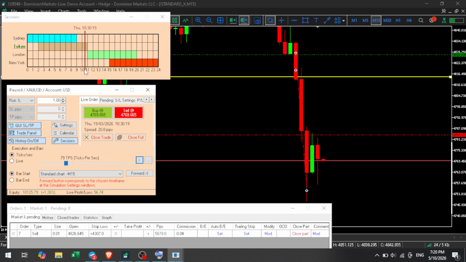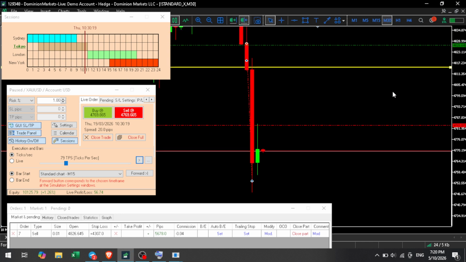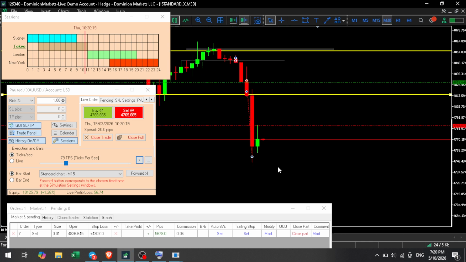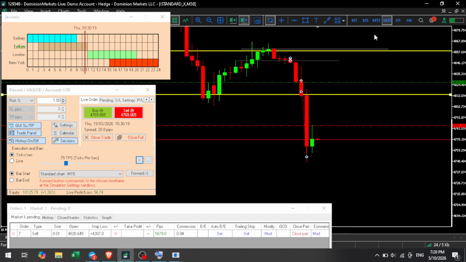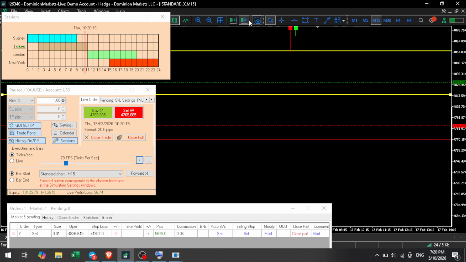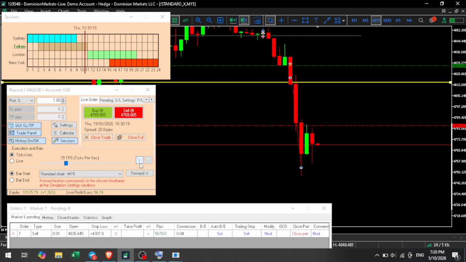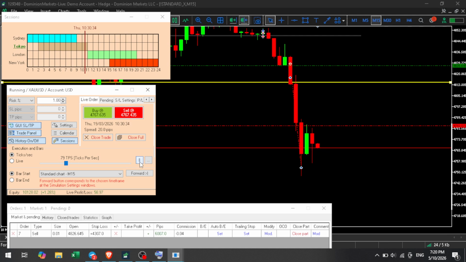We had our London Open and price is still pushing down. We don't have any confirmations on the 30 minute to push up. It could give us a nice impulse entry here, but we are not interested. We have used our risk here. We are just managing this position at this time.